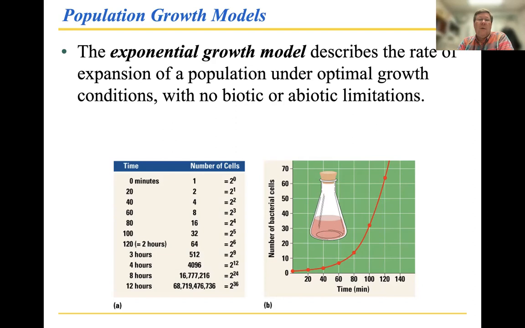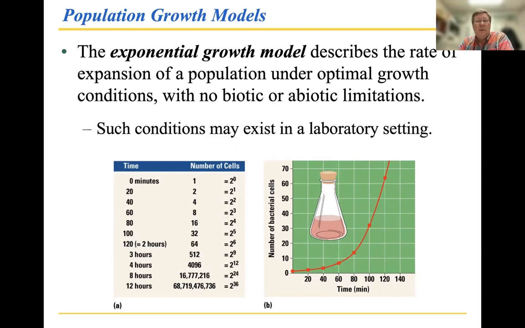So in nature, exponential growth tends to be curbed at some point, but in a lab, we may be able to let it go. So here in this graph, you can see that there is a flask with some medium in it, and in a medium like this, you can experience very rapid growth. But even in a medium like that, you're going to end up with limiting conditions eventually.